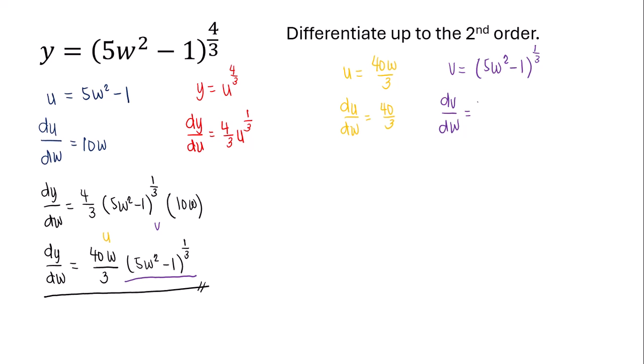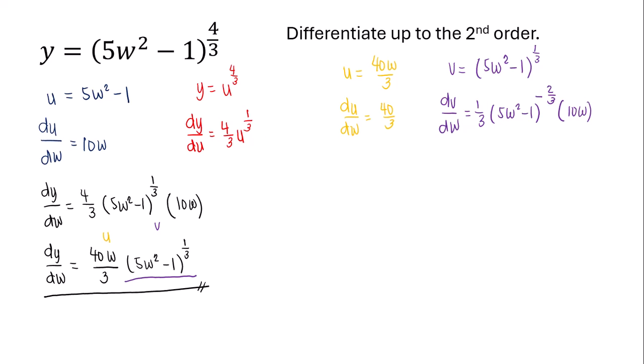This will be 1/3 times 5w squared minus 1 to the power of 1/3 minus 1, or negative 2/3, times the derivative of our inner function, so that would be 10w. Do not forget the derivative of the inner function to be multiplied at this end.